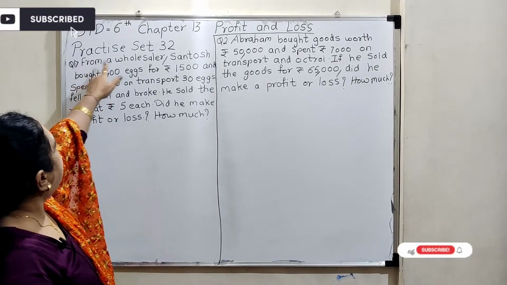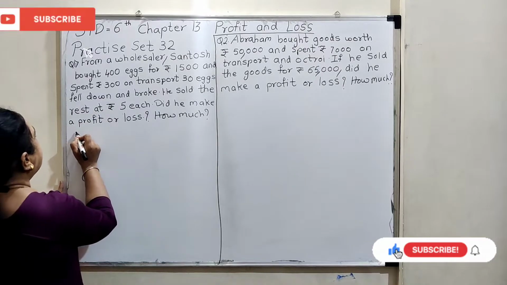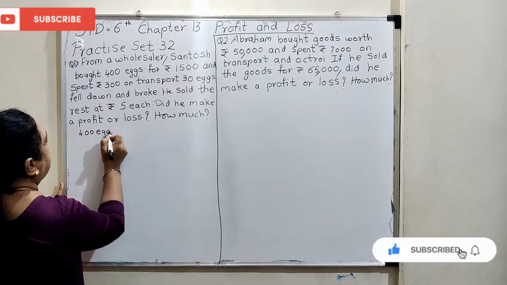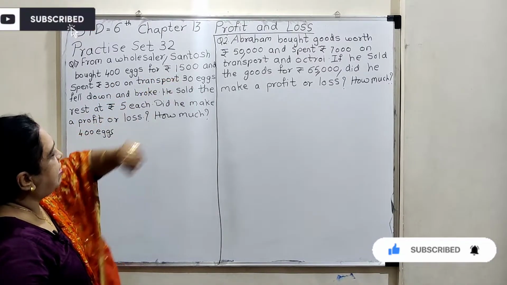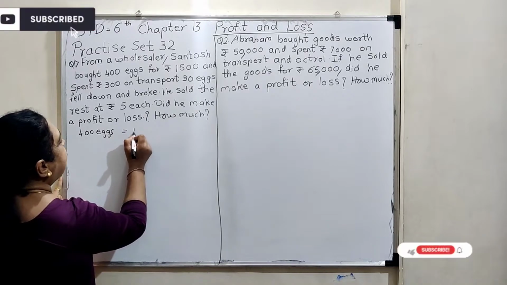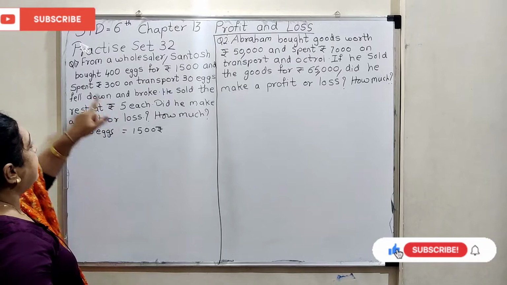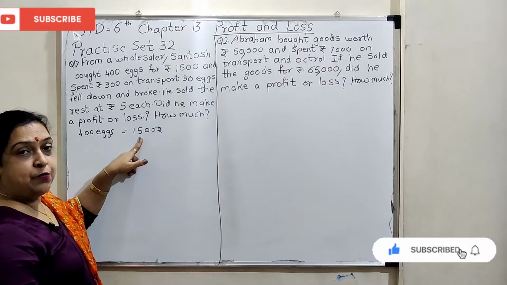First of all, from a wholesaler, Santosh bought 400 eggs for rupees 1500. And he spent rupees 300 on transportation, so we have to add that.